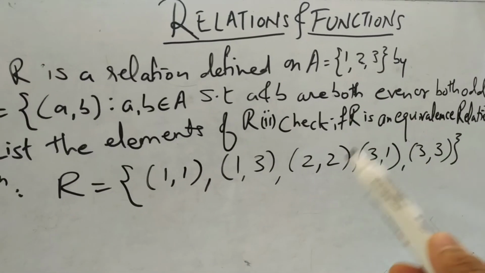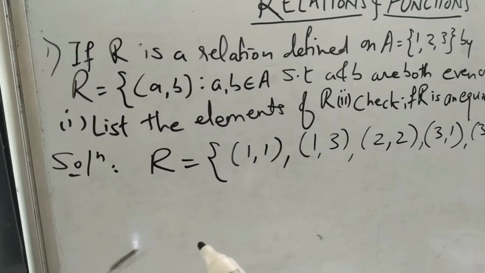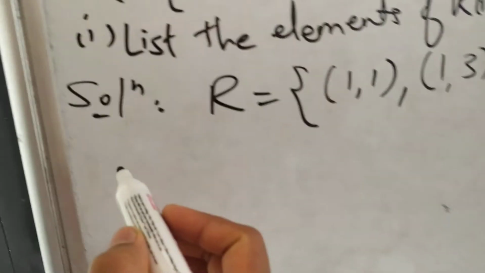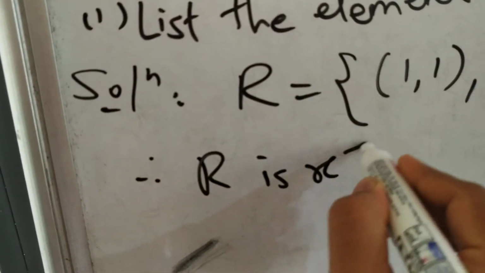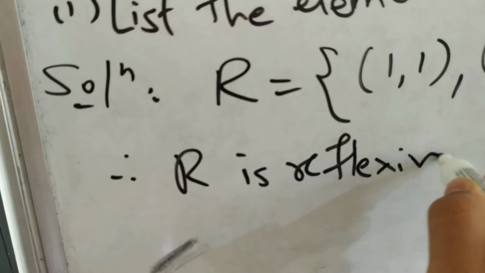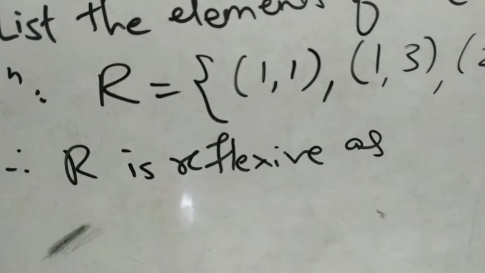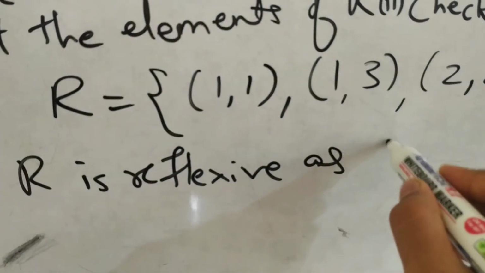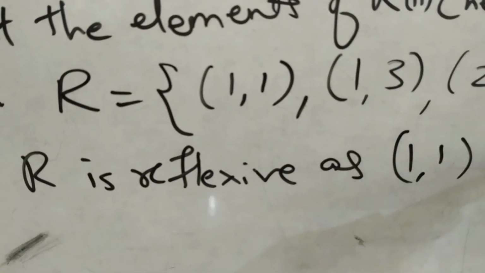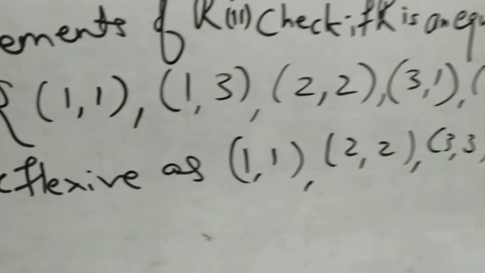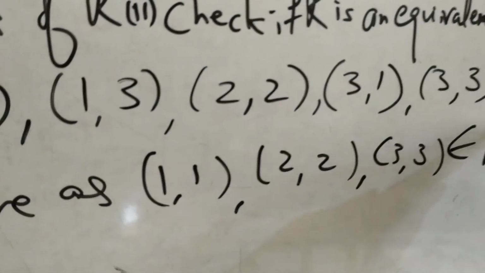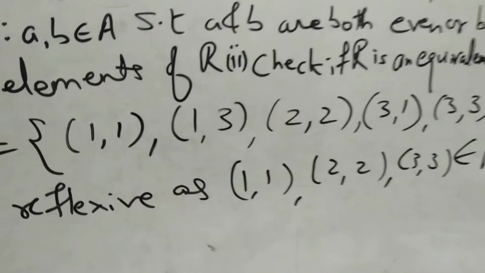So every element is related to itself, therefore the relation is reflexive. And we write here: R is reflexive as (1, 1), (2, 2) and (3, 3) belong to R.